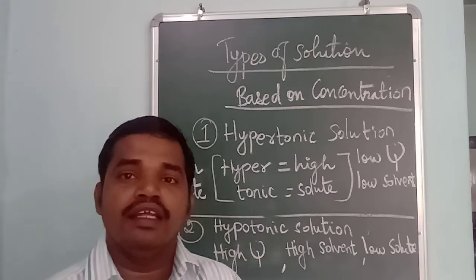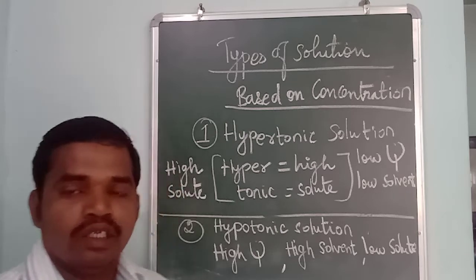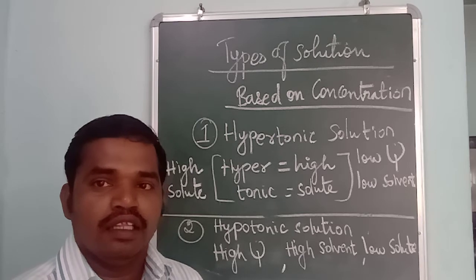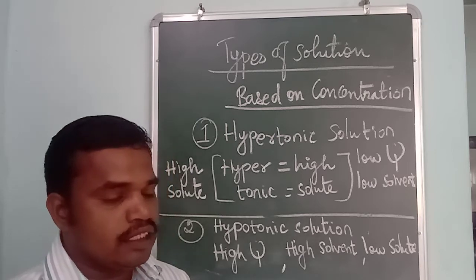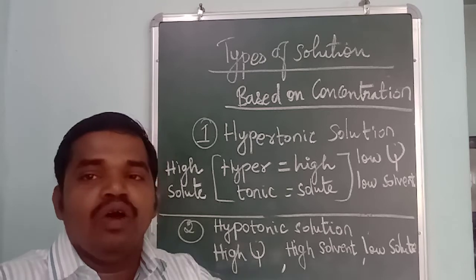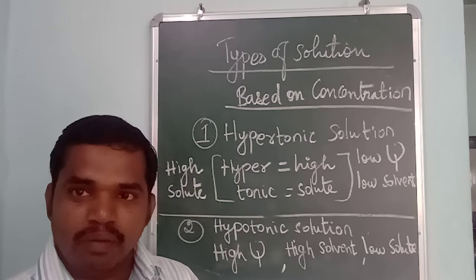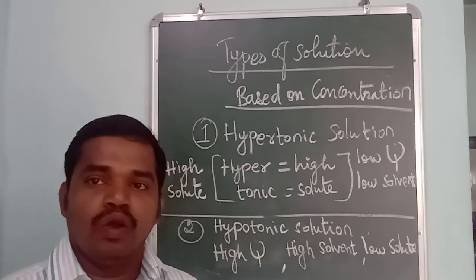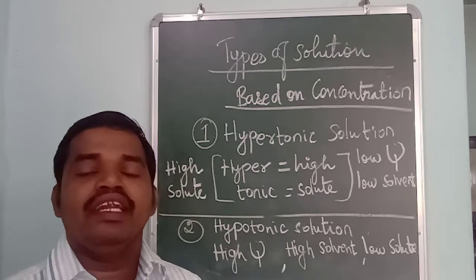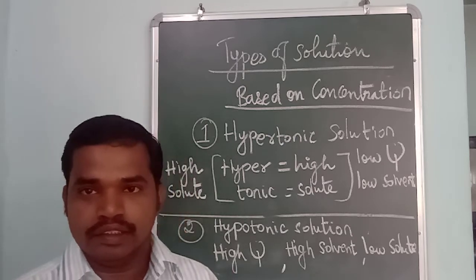Okay, the third one is isotonic solution. In case of isotonic solution, the movement of substances from the inside of the cell to outside of the cell is equalized. Nothing will enter from outside to inside. Nothing will go out from inside to outside. So the net movement is always zero in isotonic solutions.